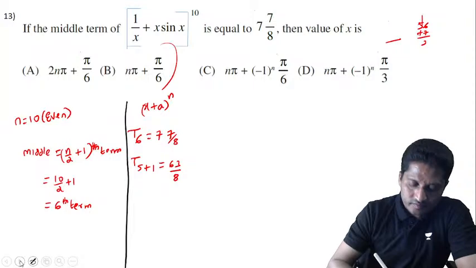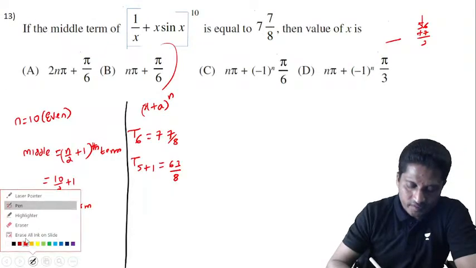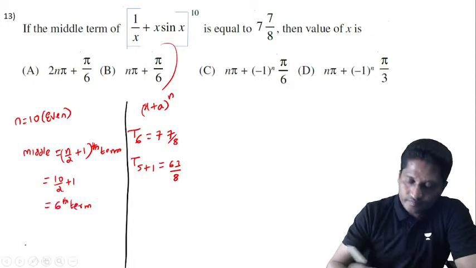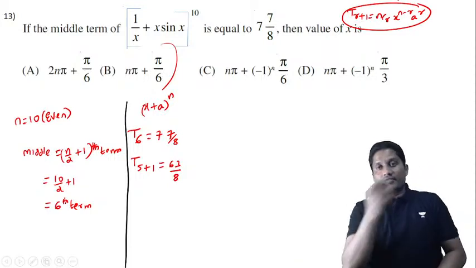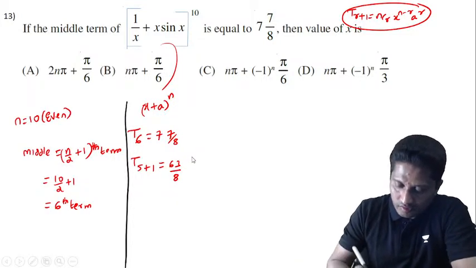T r plus 1 is nCr x to the power of n minus r into a power r. So if I use this formula, T r plus 1 is equal to nCr x to the power of n minus r into a power r, with r equal to 5.